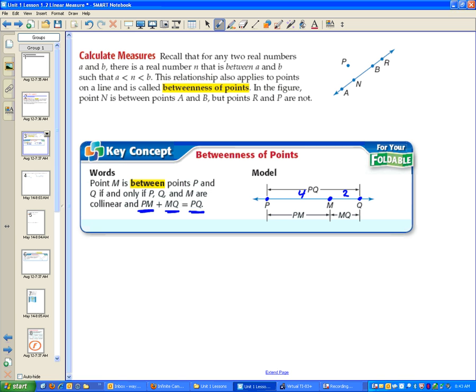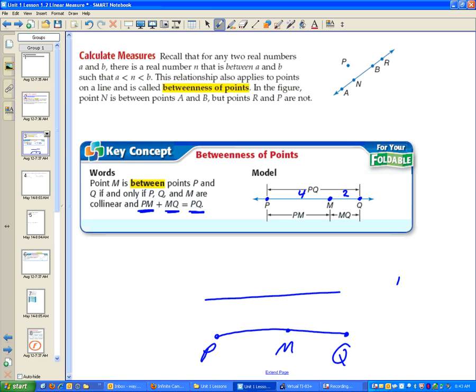All right? And it works both ways. If we know that M is on the same line as P and Q, we know that we can add the 4 and the 2 to get the 6. If we weren't sure, if I made the drawing, and so it's not a book drawing, so you really can't tell. So I make a bad drawing, and I put P here, and Q here, and M here.